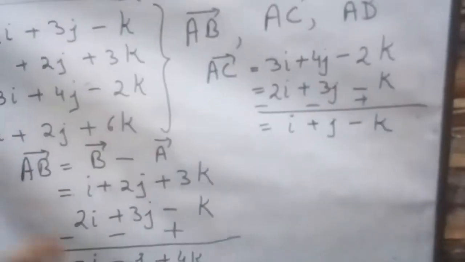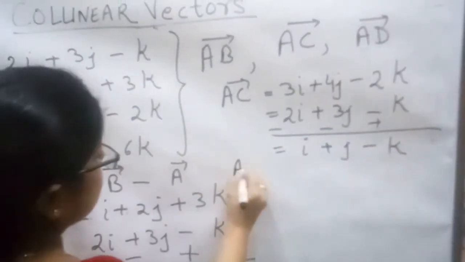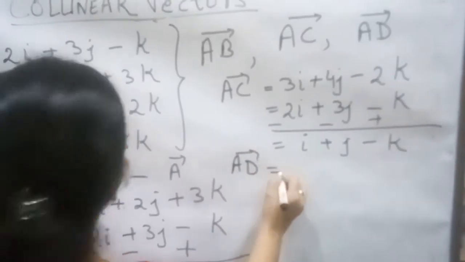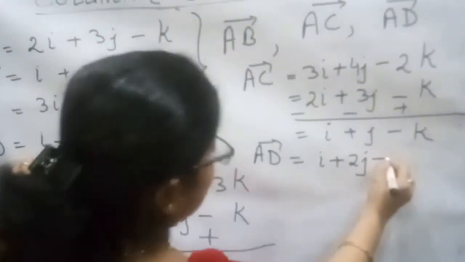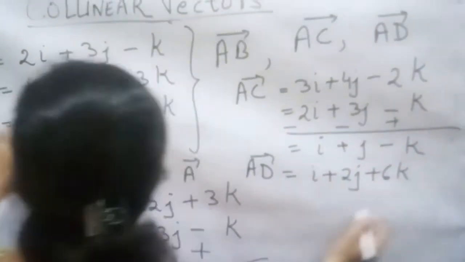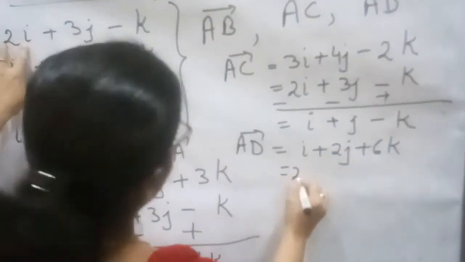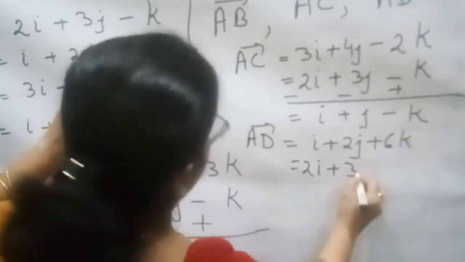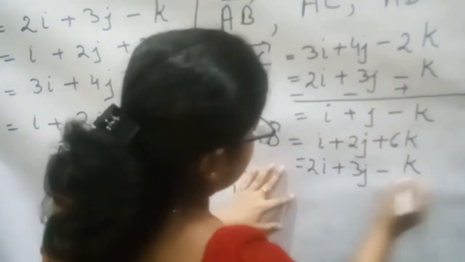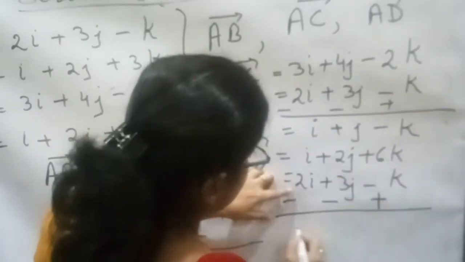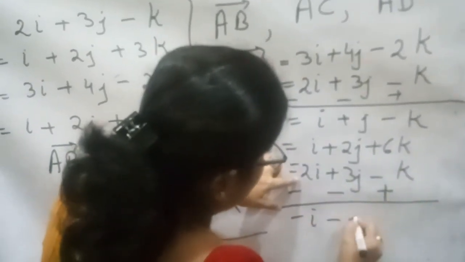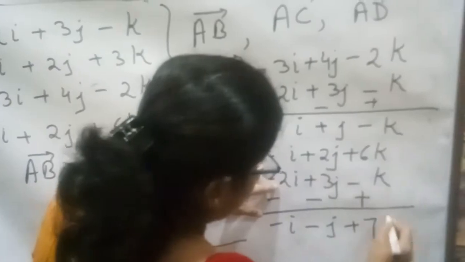Now the third vector, the AD vector. Vector D is i plus 2j plus 6k, and the other vector is 2i plus 3j minus k. Now subtract both vectors. We have to change the sign here: minus i, minus j and 7k.